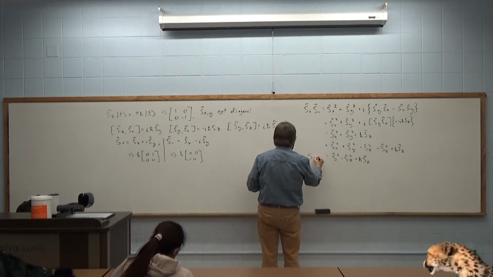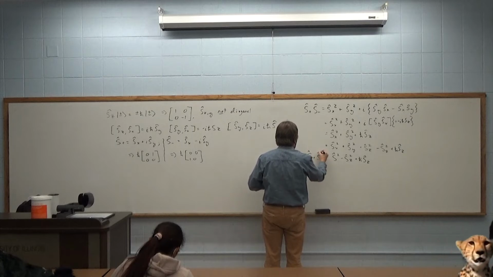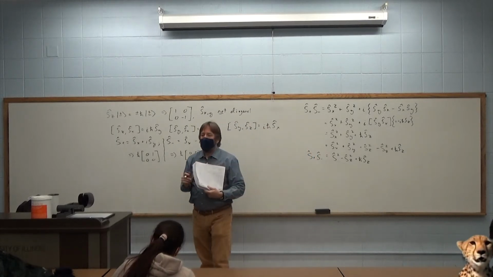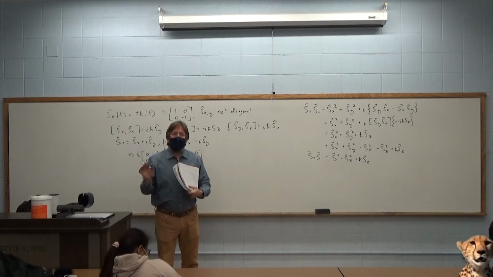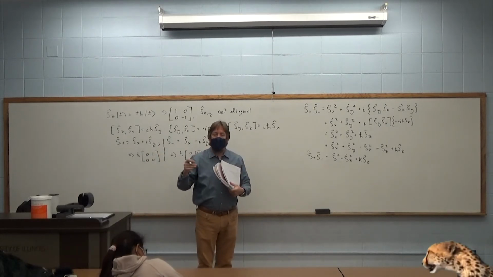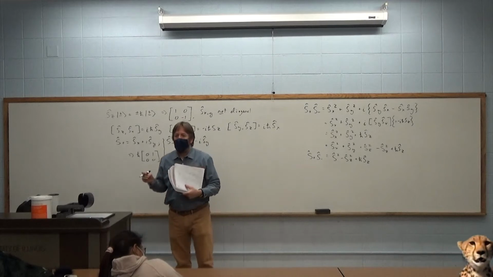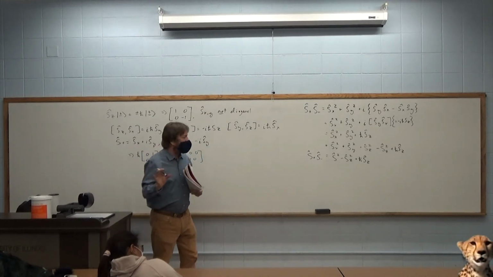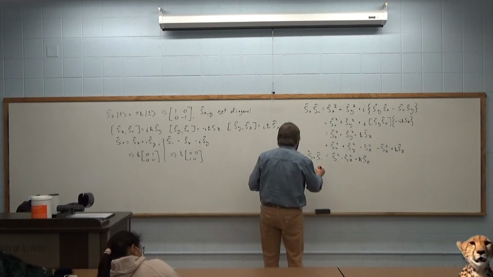And remind you that this is S plus S minus. Now remember, S squared had an Sx squared plus Sy squared plus Sz squared. We're okay with Sz squared. I had to get rid of Sx and Sy, and we have just done that.